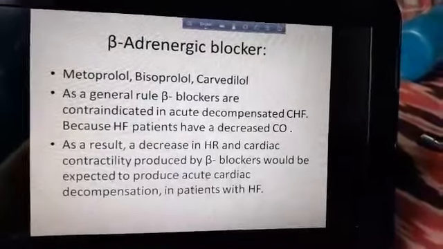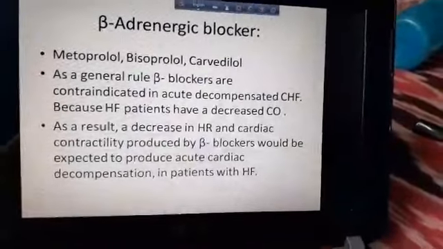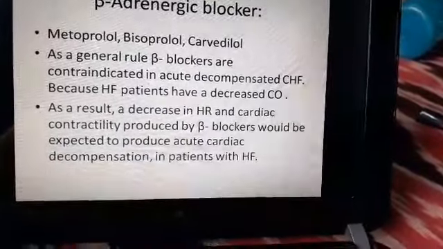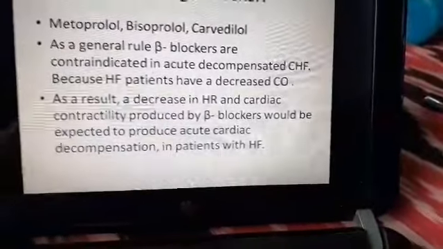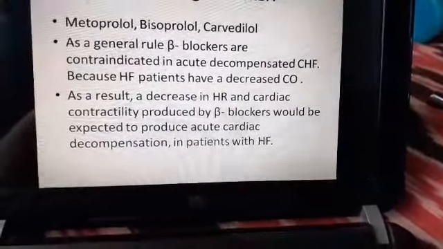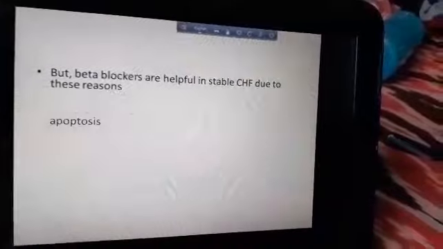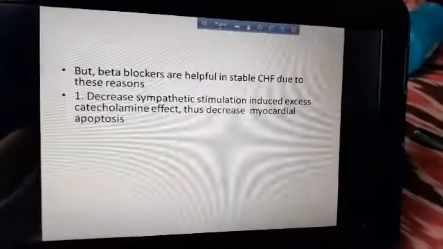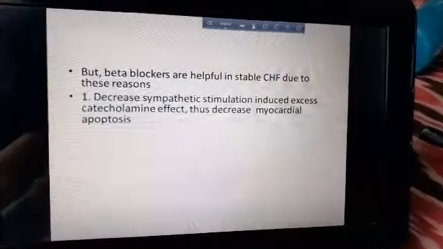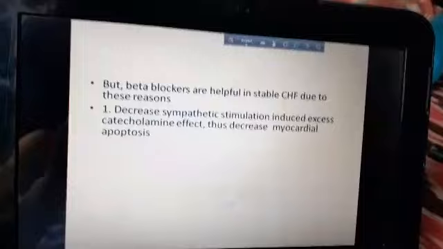So remember, in patients of very symptomatic heart failure, when the patient is dyspneic, when cardiac output is significantly low, we cannot give beta blocker, because that will cause further reduction in the cardiac output and further decrease in the peripheral perfusion. But beta blocker is used for another reason, because beta blockers decrease the sympathetic stimulation that induces the excess catecholamine effect, thus decreasing the myocardial apoptosis. Heart failure's compensatory mechanism is sympathetic stimulation.